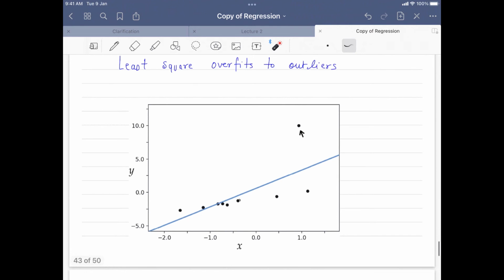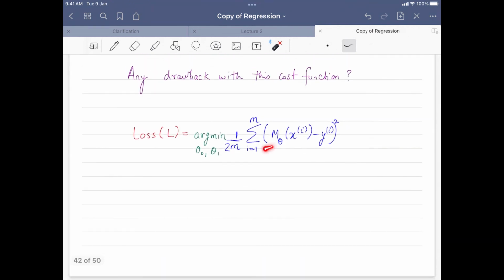So what happens is, if you recall, this particular cost function is trying to minimize the error between the estimation that the model is estimating, and the actual value, which is yi. So yi is the actual label, and h theta xi is the estimation which the model is predicting.